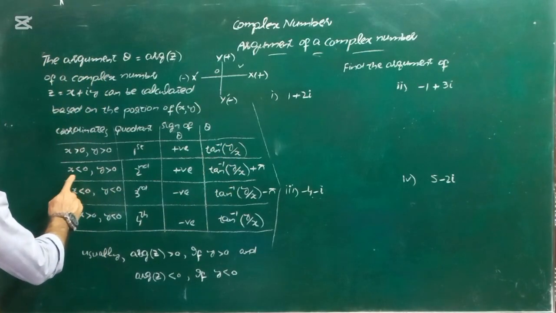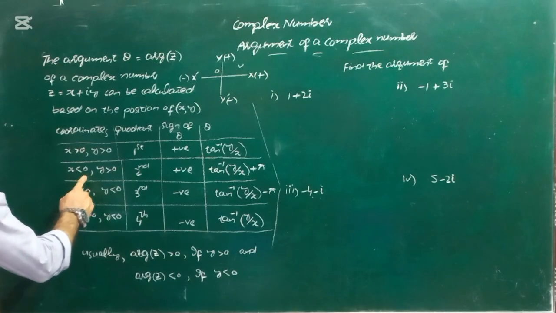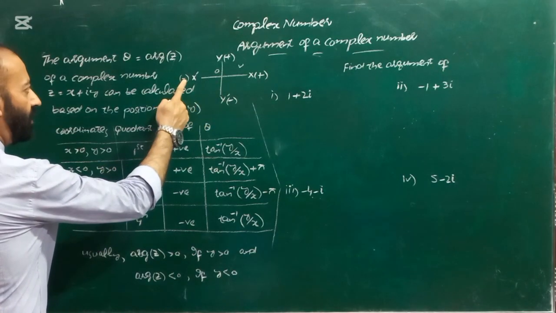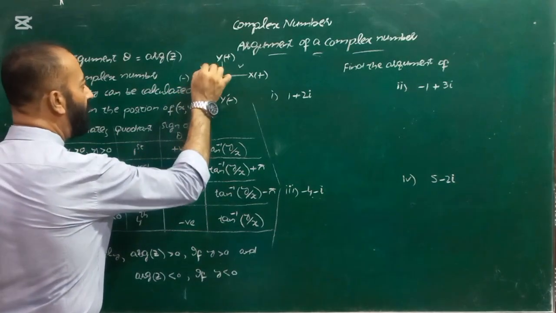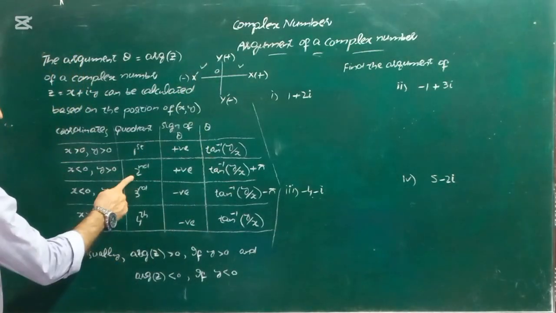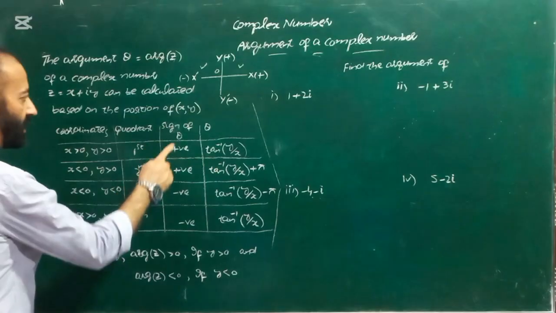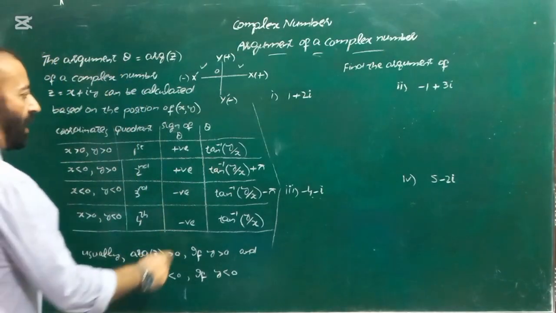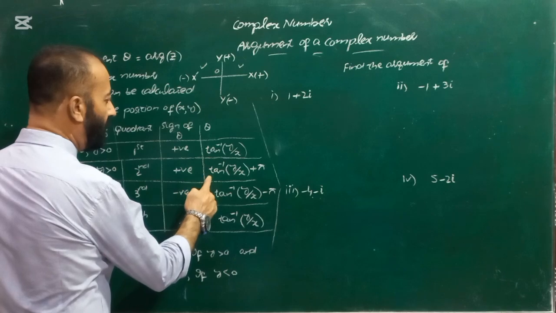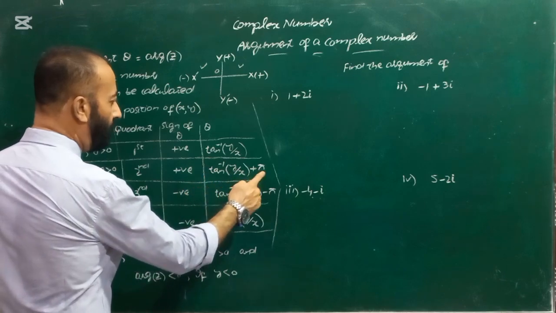But if x is lesser than 0, it means it will be here, and y is greater than 0. So now we will be in the second quadrant. The sign of theta will be positive, so the argument will be positive, and theta will be equal to tan inverse y by x plus pi.